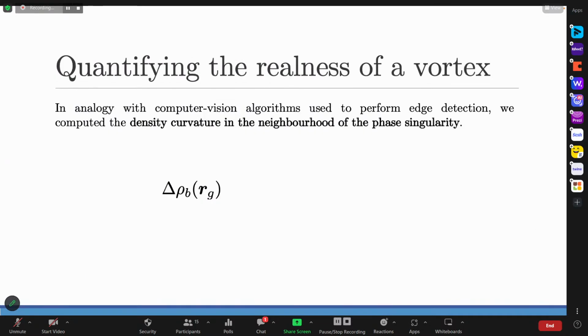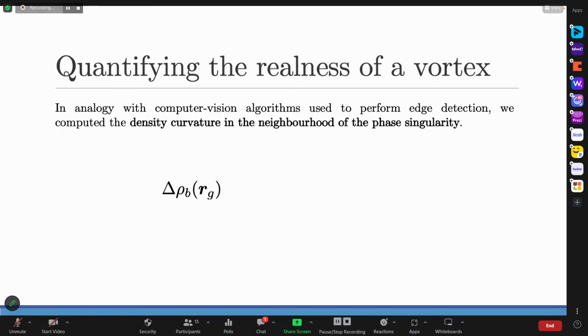As a last topic, we proposed an indicator to quantify the degree of realness, or the degree of ghostliness, if you want, of a phase defect. And again, the inspiration came from another field. In this case, it is computer vision algorithms that are used to perform edge detection.